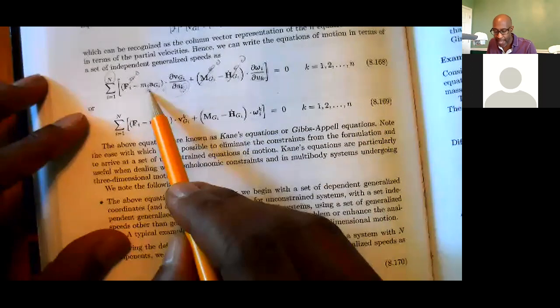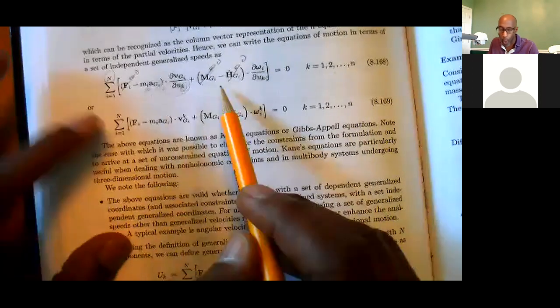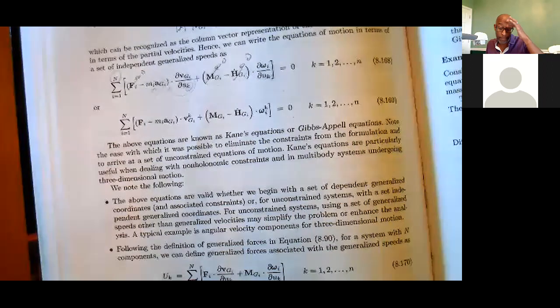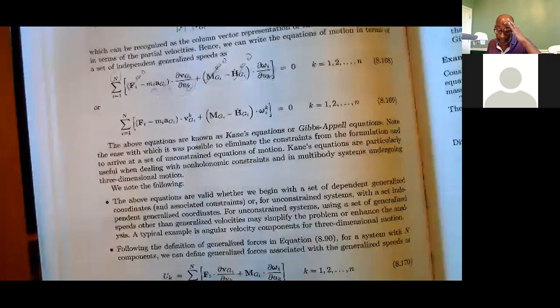So all of this stuff is gone, but you still have these and you still have that. So you can see how you do this twice: once for the first mass, then for the second mass, and then you do the whole thing again for the next coordinate, which was theta. Okay, that makes sense.